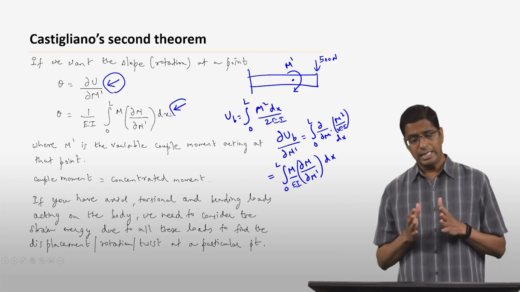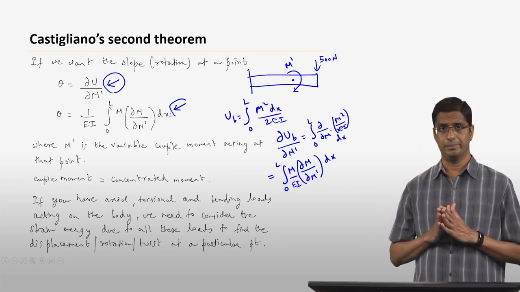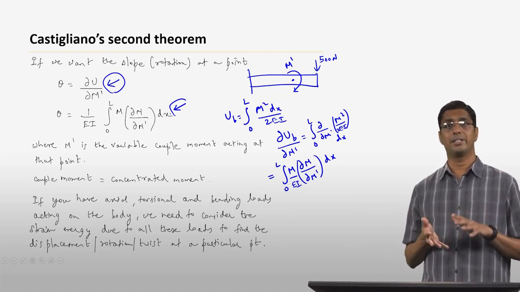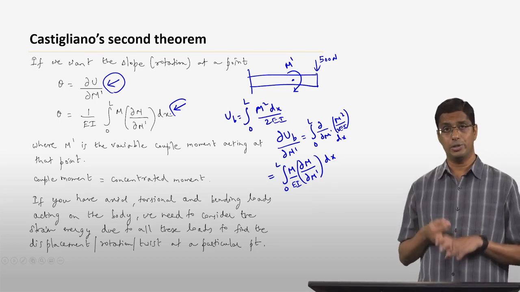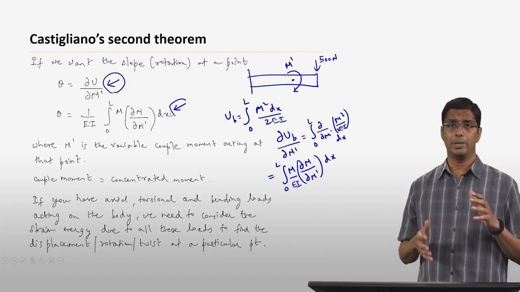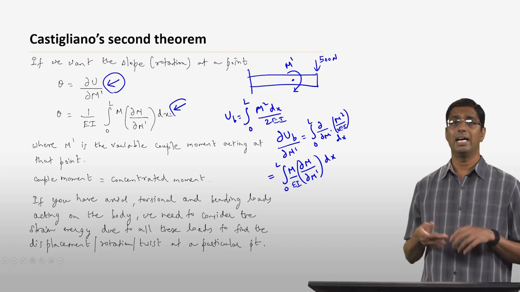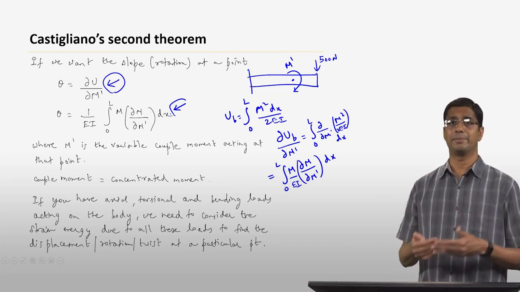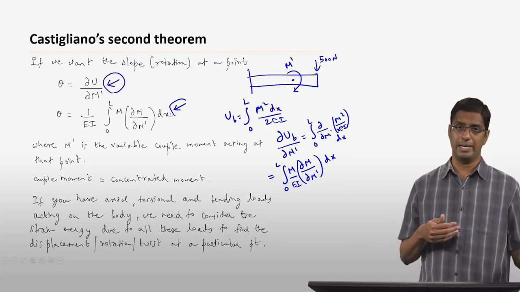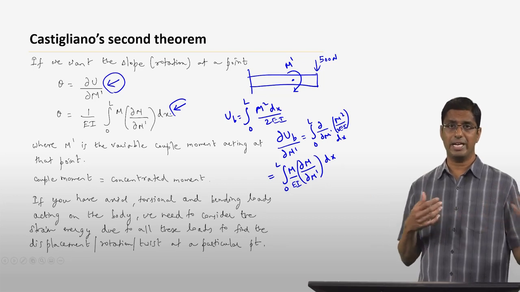Okay. Now, in this case, both the cases that we looked at, we had only pure bending deformation. Okay. On the other hand, you could have a structure that is subjected to bending, torsion, and axial deformation. So in those cases, what you essentially have to do is find out the internal strain energy due to all these modes of deformation, bending, torsion, and axial deformation, and then take the derivative with respect to either p to get the displacement, or with respect to m prime to get the rotation, or with respect to t prime to find out phi, which is the angle of twist.